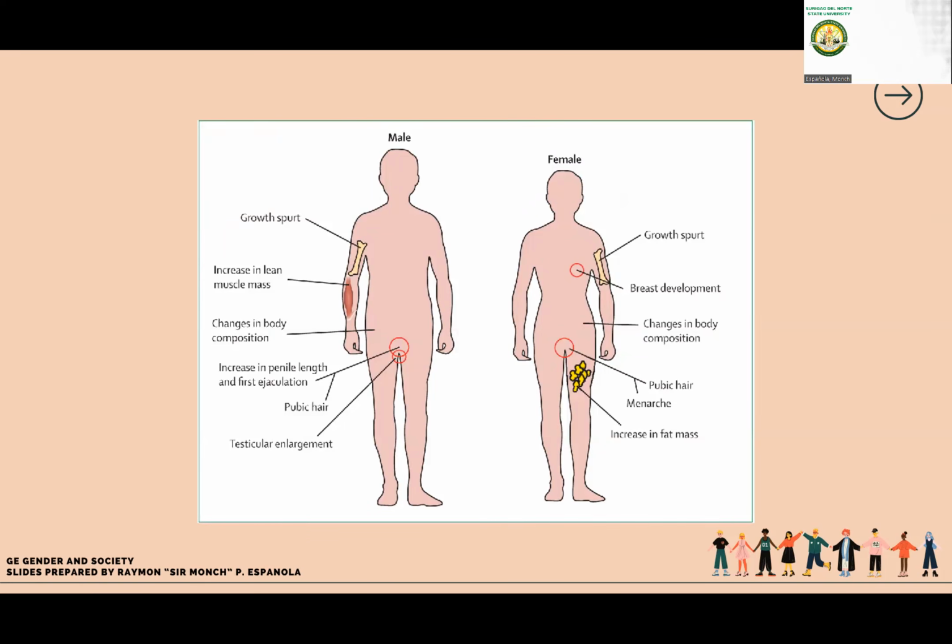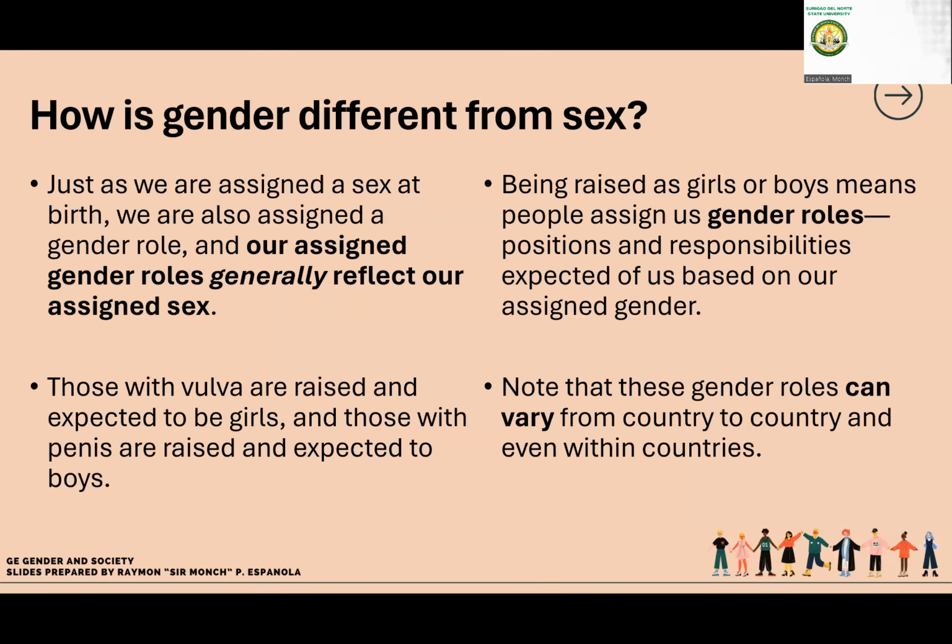And yes, we have this more detailed depiction of what it is to be typically male and what it is to be typically female. We can't see intersex here. Later, I'll show you what an intersex individual can possess.